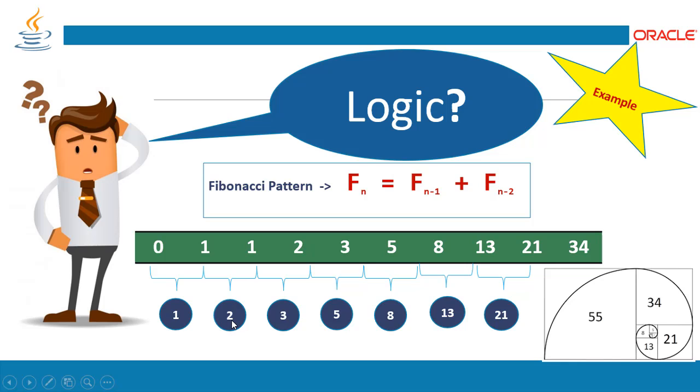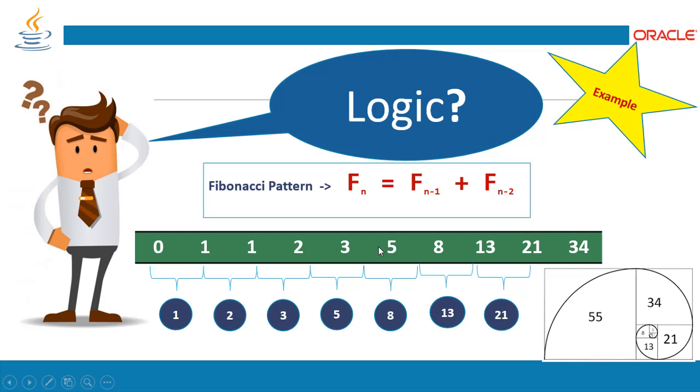Now this number 2 is going to be assigned to the next here. In this iteration the first number is going to be 1, the next number is going to be 2. Now 1 plus 2 equals 3. So this is how it works. Next iteration, number 1 is 2, next number is 3, 2 plus 3 equals 5.